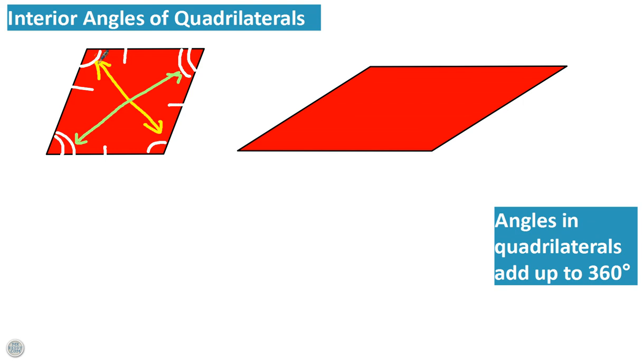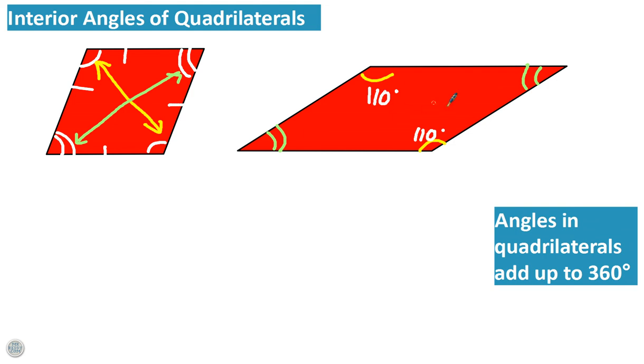So these two yellow angles, as it were, they're equal. The two green ones are equal. And it's the same with the parallelogram. Diagonally opposite angles are equal. So how does that help you? Well, if you know that this is, I don't know, 110 degrees, then you will also know that this is 110 degrees.